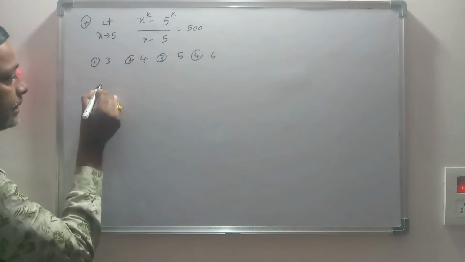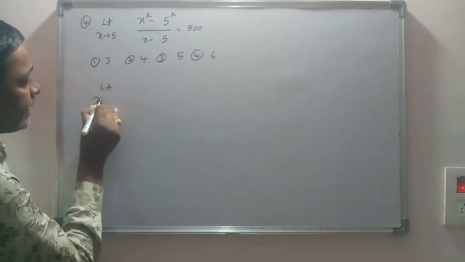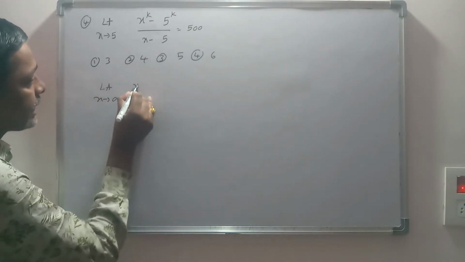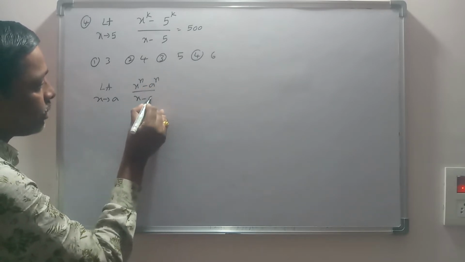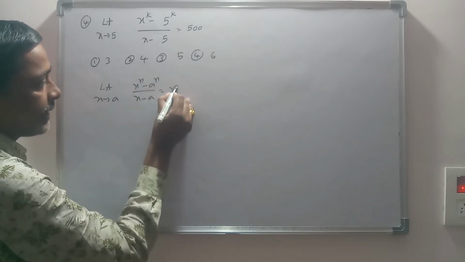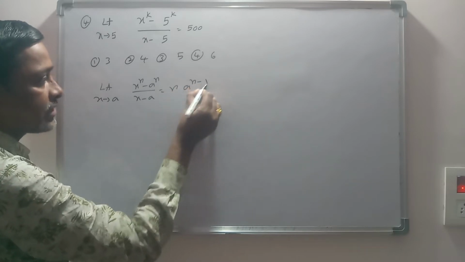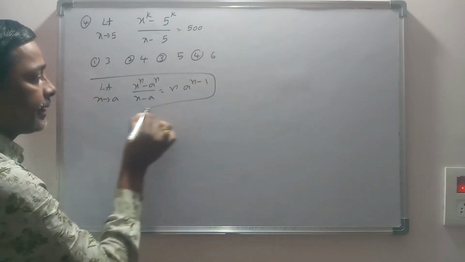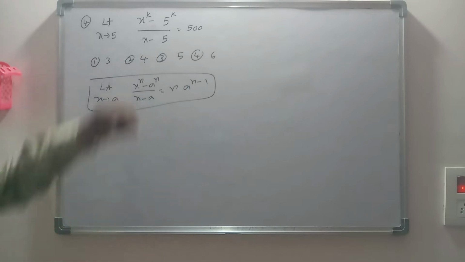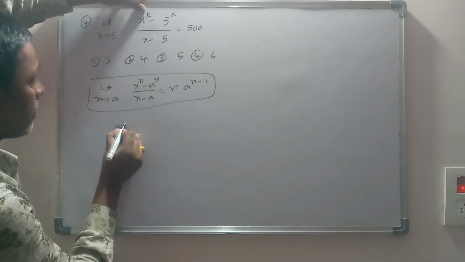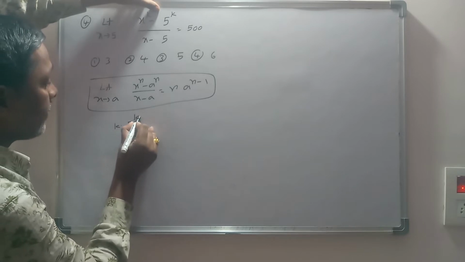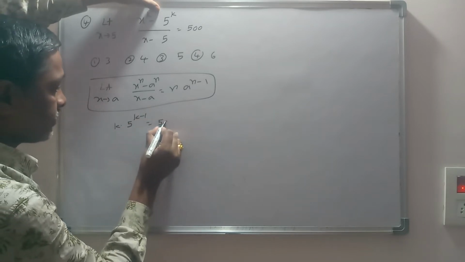How to find? Limit x tends to a, x power n minus a power n by x minus a is equal to, one formula is there, n into a power n minus 1. Apply this to the problem: k into 5 power k minus 1 equal to 500.